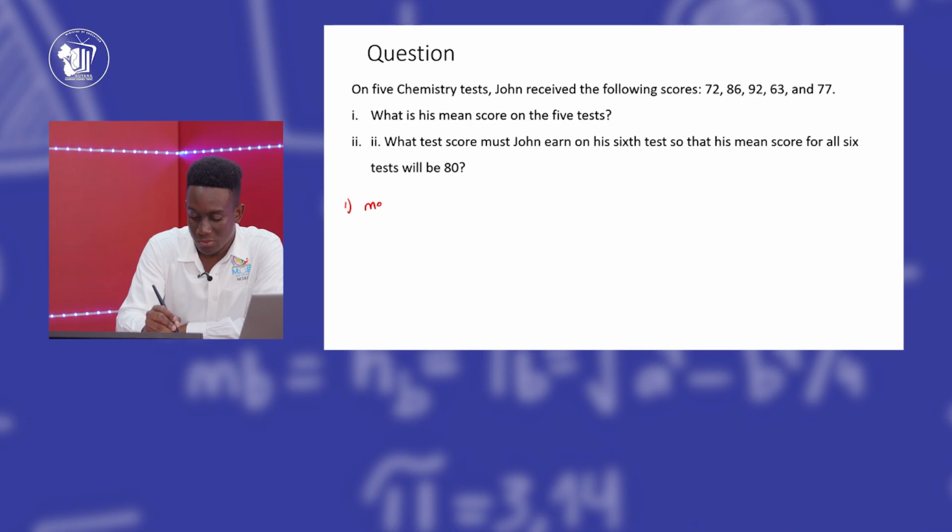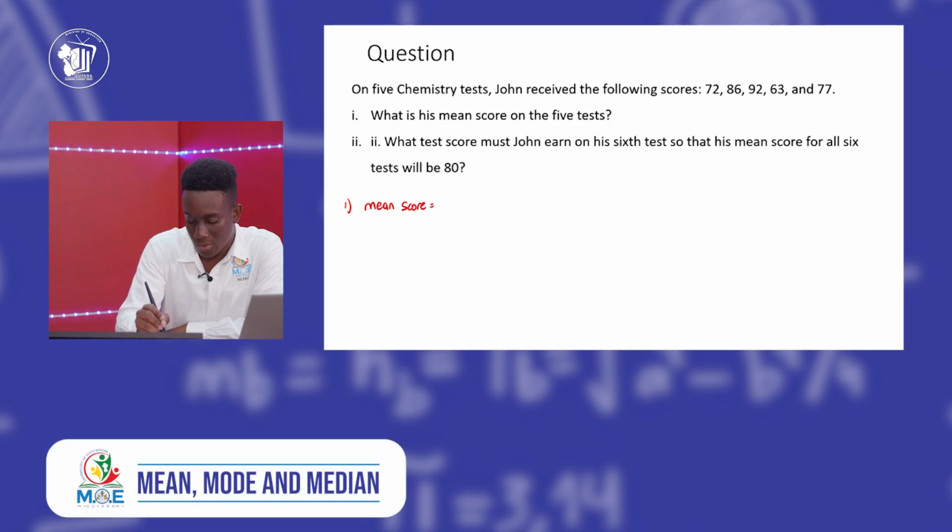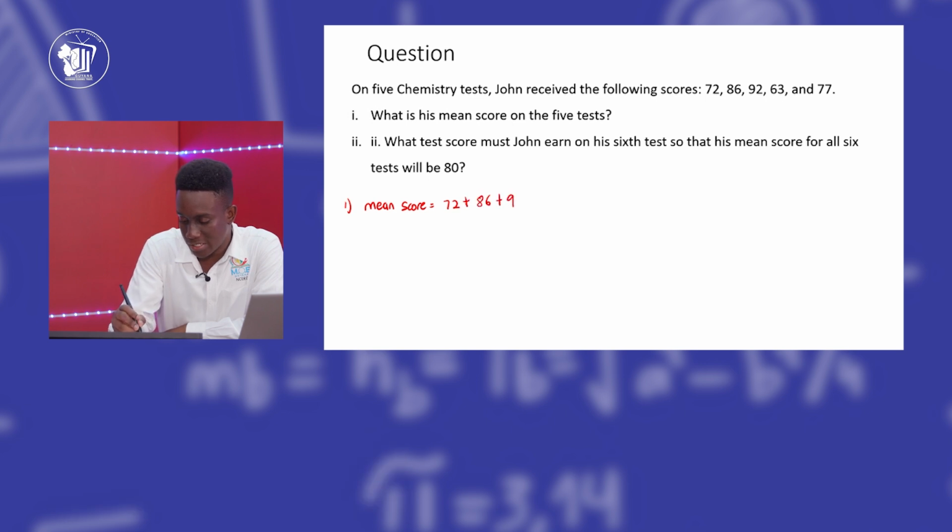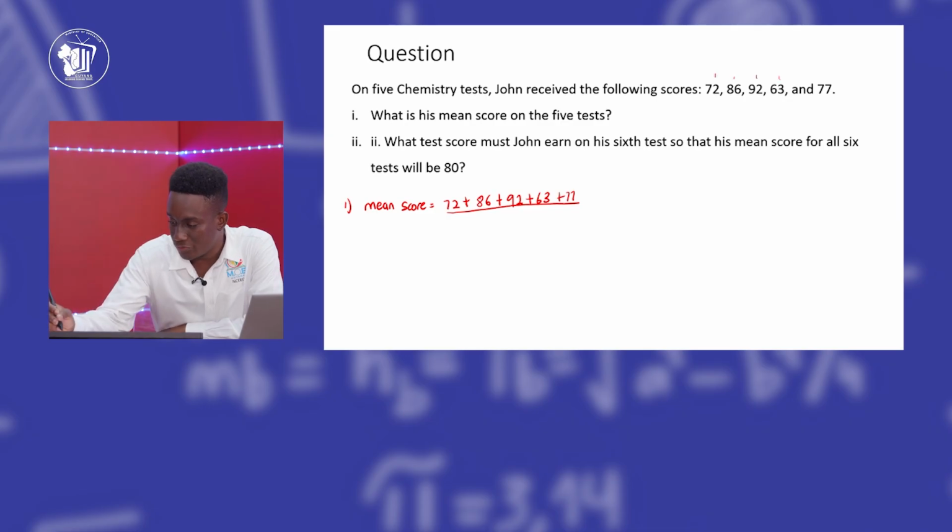We can say his mean score will be 72 plus 86 plus 92 plus 63 plus 77, and all of this we have to divide by 1, 2, 3, 4, 5, so 5.